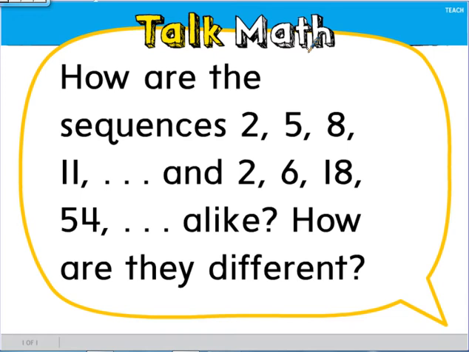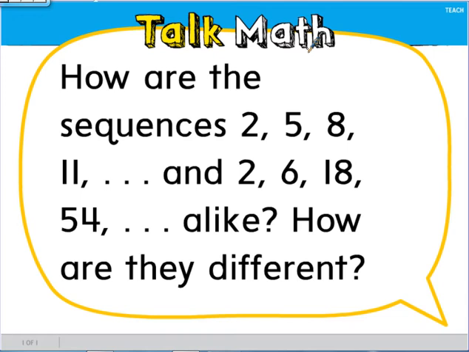They're getting larger. And in the second one, what's happening to the numbers? So how are they both alike? In both cases, the numbers are getting larger through the sequence. That's how they are alike.